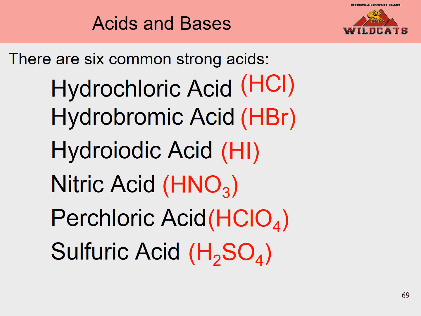Hydrochloric, hydrobromic, and hydroiodic are ones from the halogens. And then we have our oxo acids, the nitric acid, the perchloric acid, and the sulfuric acid. We don't see perchloric a whole lot because it's also a strong oxidizer. A little bit more on that story after we get done with acids and bases.